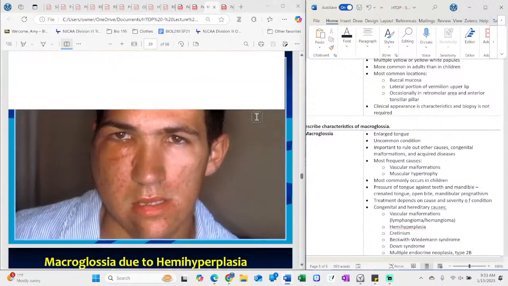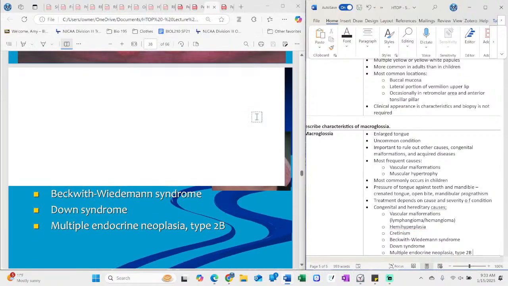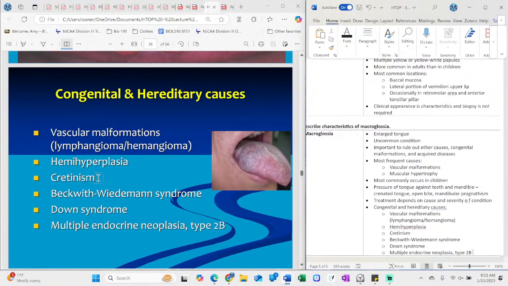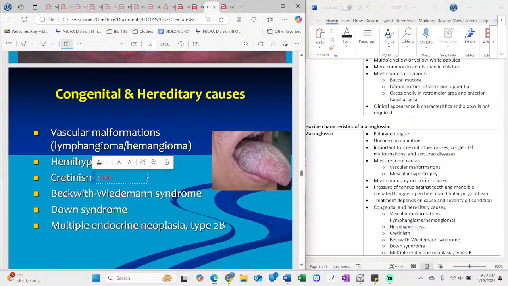Then we have cretinism. Cretinism is children who are affected with, say, congenital hypothyroidism. So in those with hypothyroidism, there is continuous deposition of products like glycosaminoglycans. They get deposited in the soft tissues, including the tongue, and that can increase the size of the tongue.